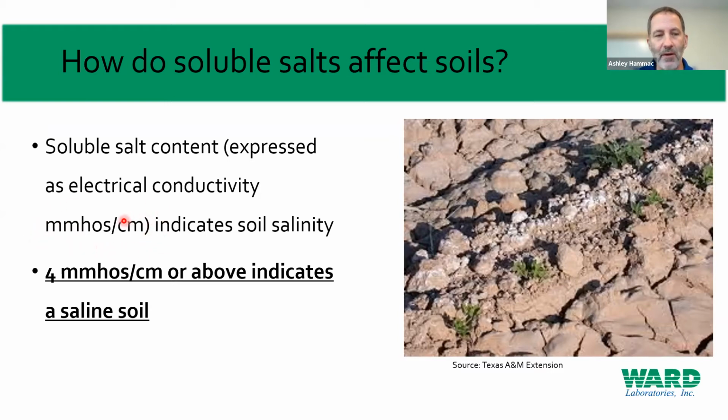millimhos per centimeter. Okay, so there is an interesting story behind these units. Mhos are the units for conductivity, and interestingly, conductivity is the inverse of resistance, and the units for resistance are ohms.